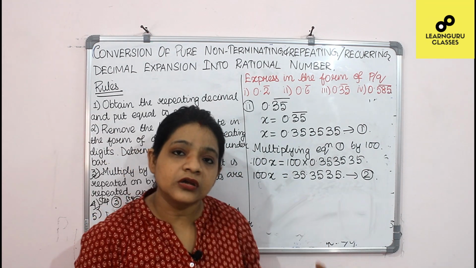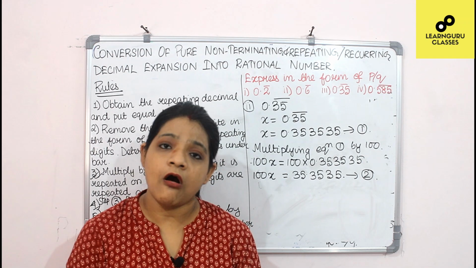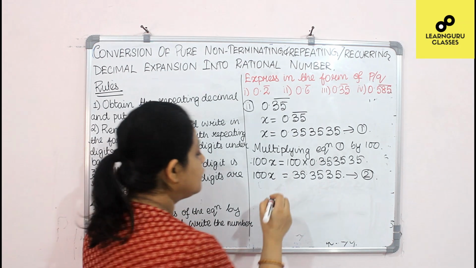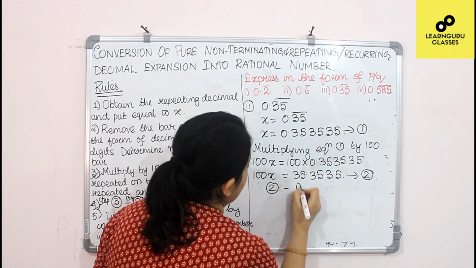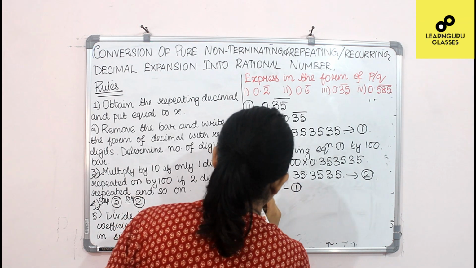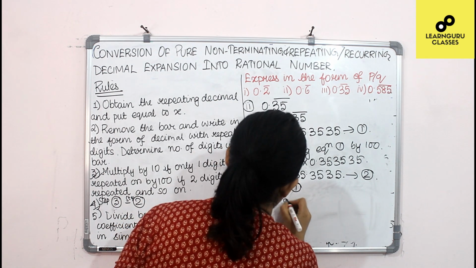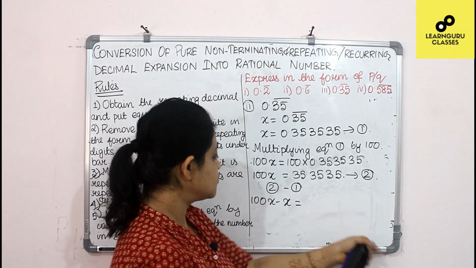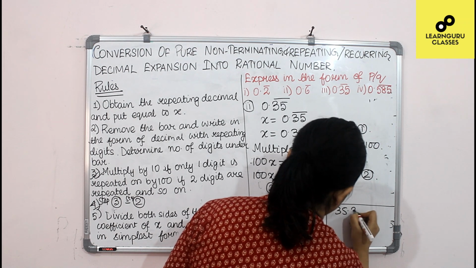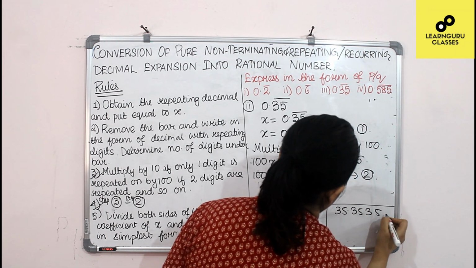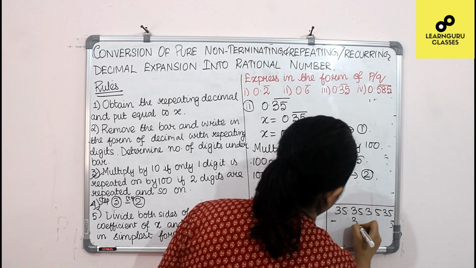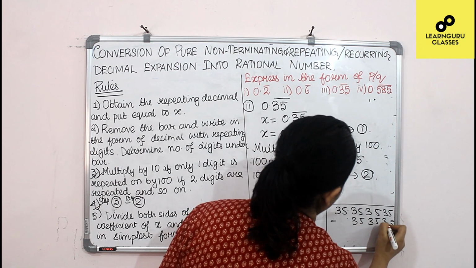Now what is your motive? You have to get rid of the digits after the decimal point. So what you need to do? 2 minus 1. So 100x minus x equal to 35.3535 minus 0.353535.